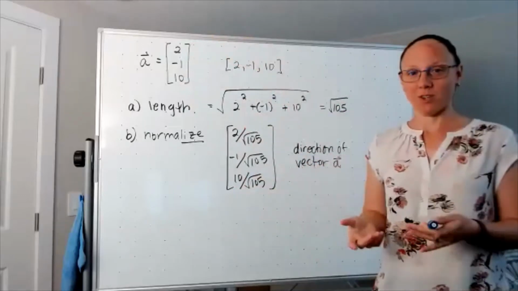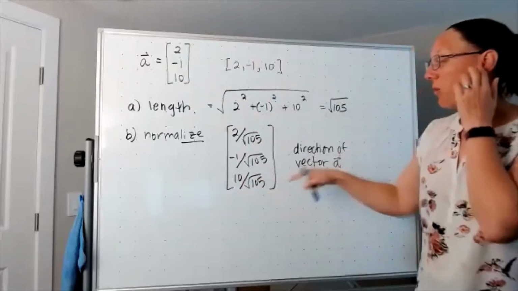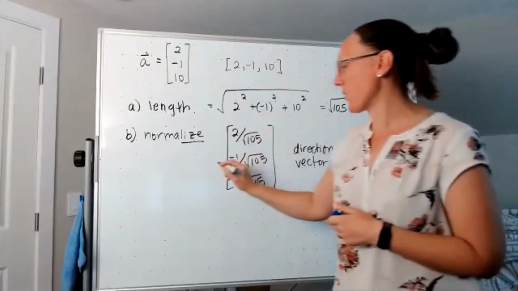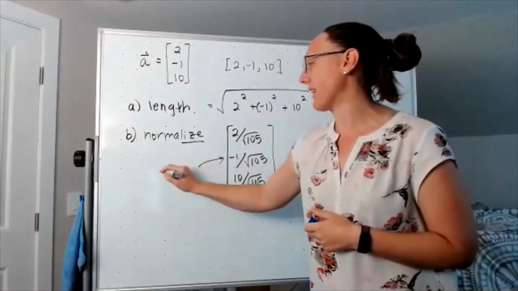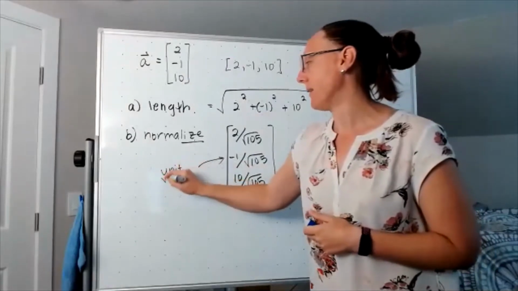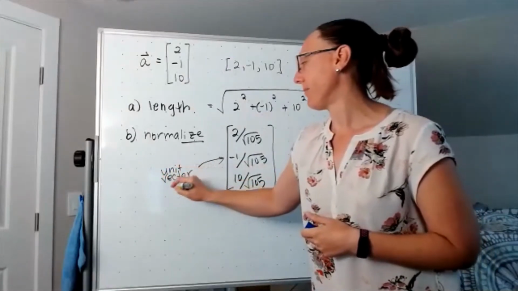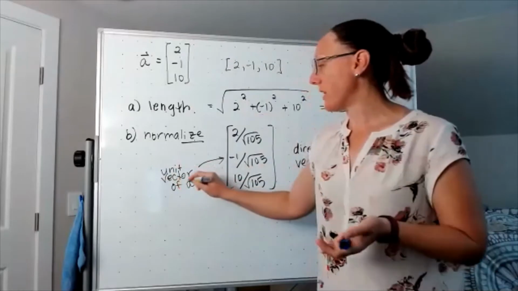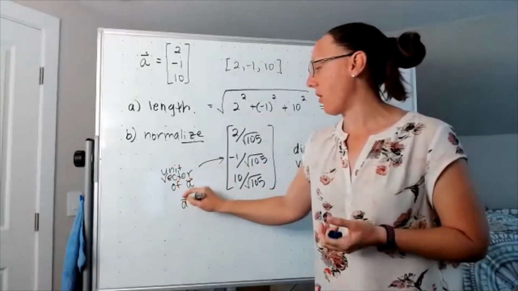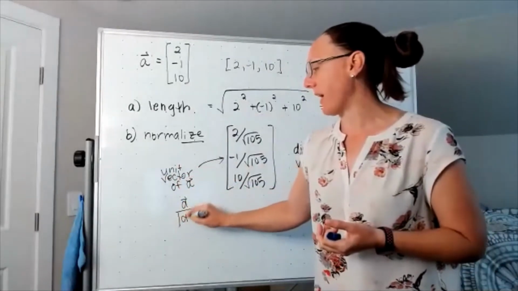So when we normalize it, we can say that this is the unit vector of A. Notation-wise, we can write that as A divided by the magnitude of A.